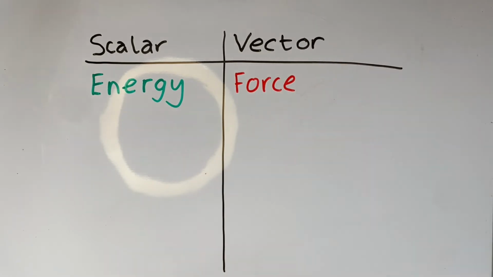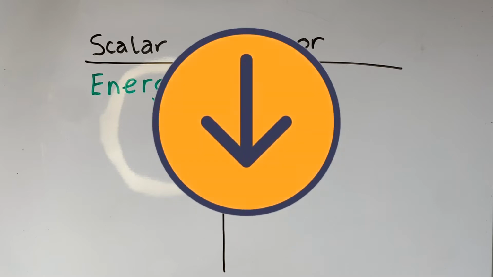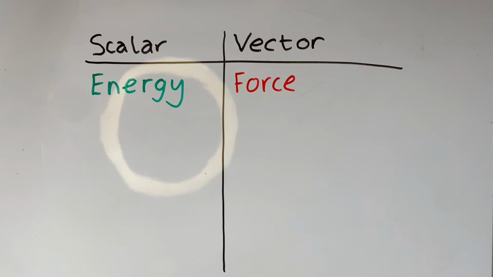We measure force in newtons. When describing how much force acts upon an object, we also need to know the direction that this force is applied, to therefore know the result of this application of force. So because we need a direction and we need a magnitude, force is a vector.